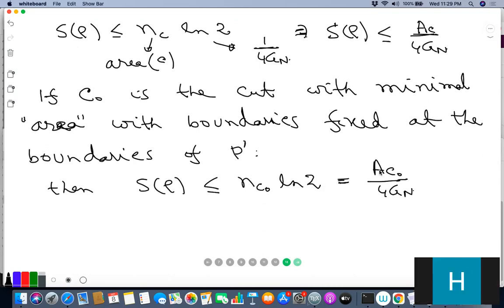Go ahead. Yeah, we could have made multiple choices of cuts with the same length, right? We are choosing one cut, and we are choosing the one which has the minimum length. But that need not be unique in any way.